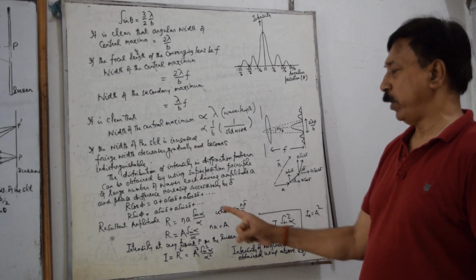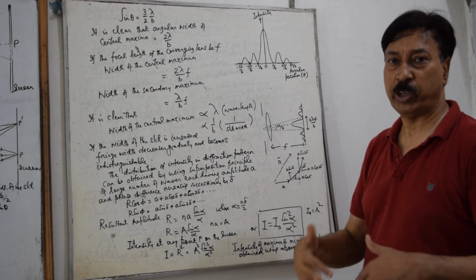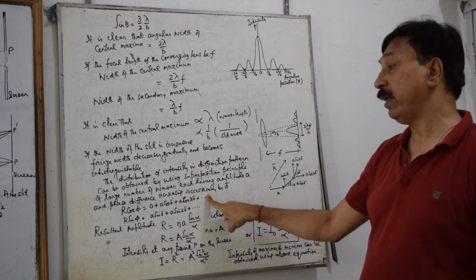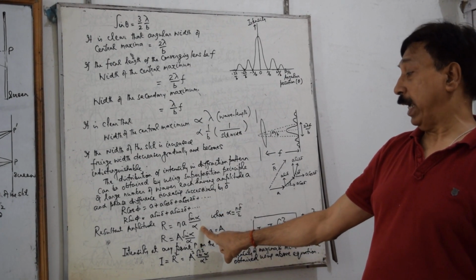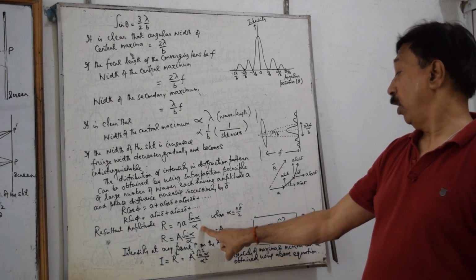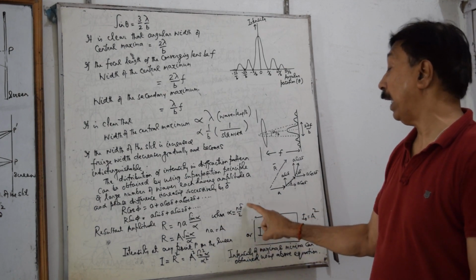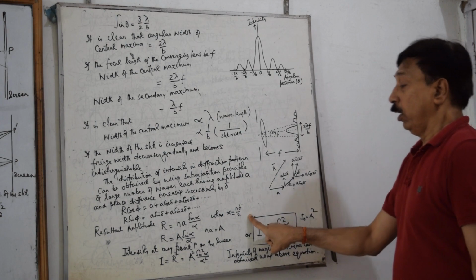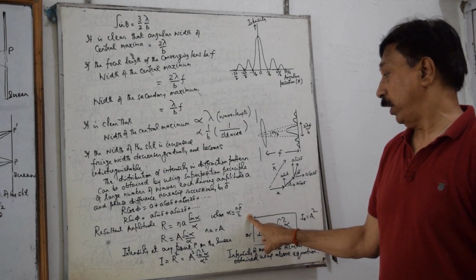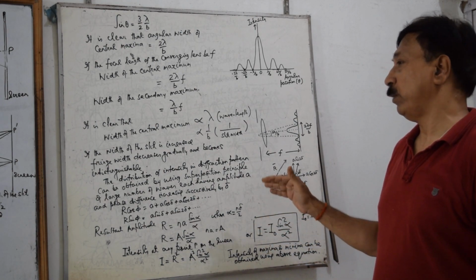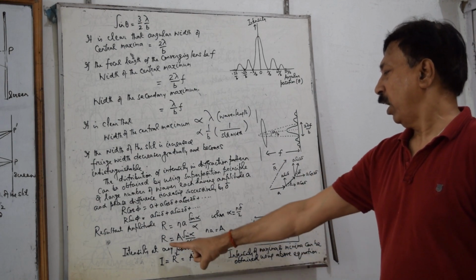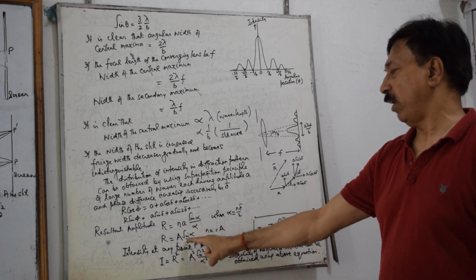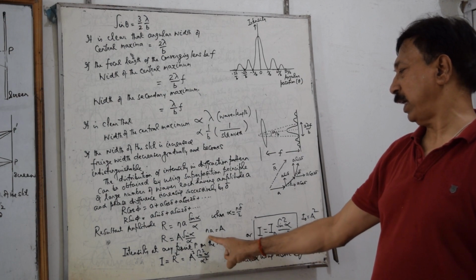The resultant amplitude, after a bit of mathematical calculation using some trigonometry, we can find to be equal to N a sin alpha/alpha, where alpha equals N delta/2. Delta, as we saw in the beginning, is the phase difference between two consecutive waves. And this we can take to be A sin alpha/alpha, where A equals N times a.